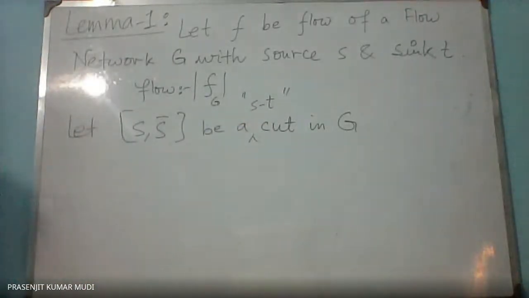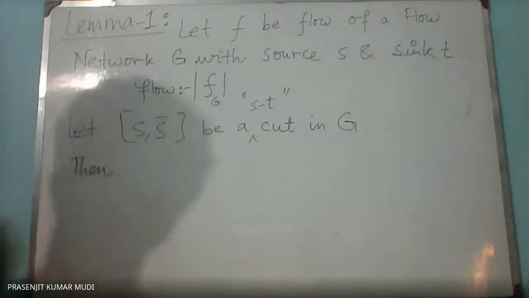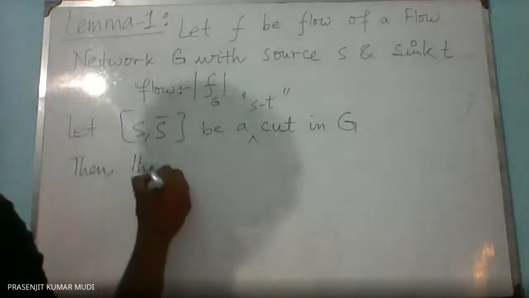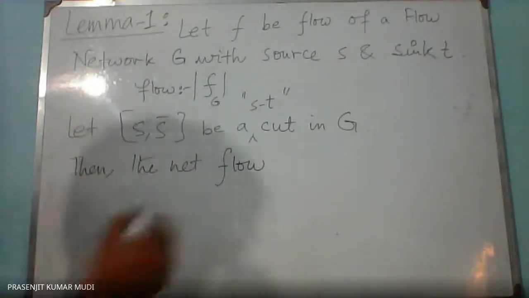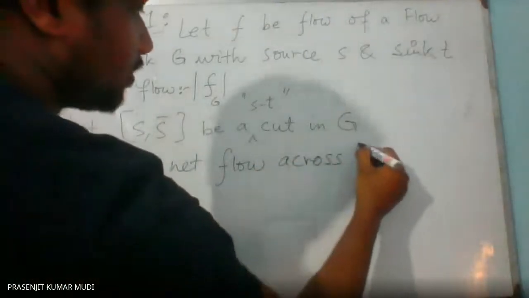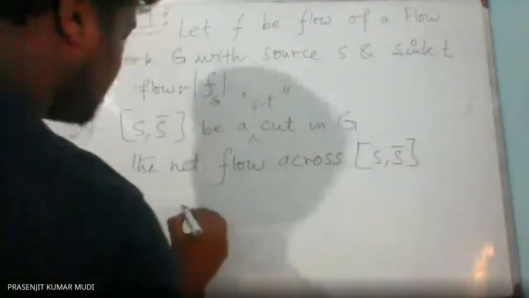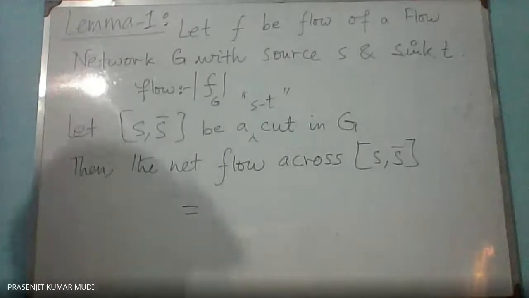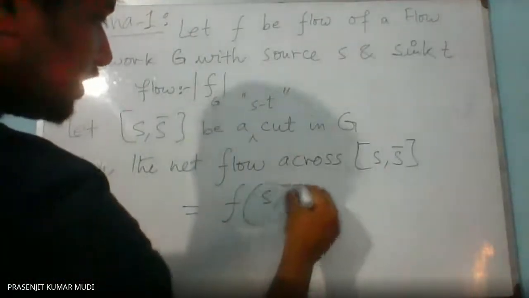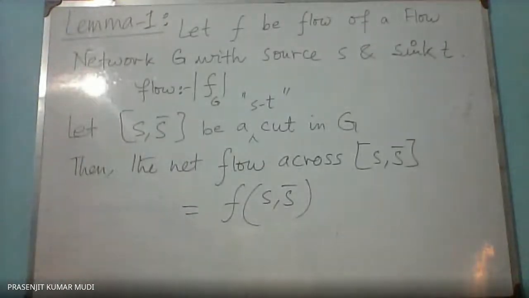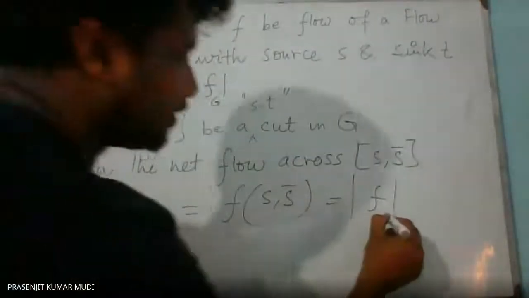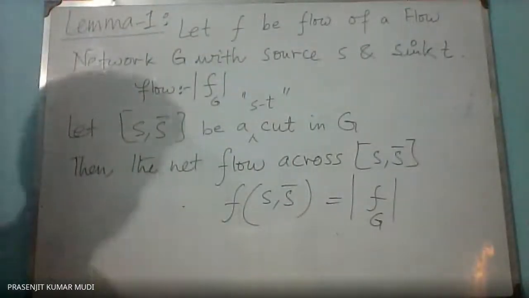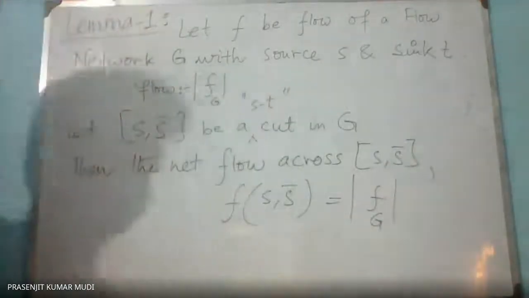So then the lemma says the net flow across S comma S bar, which is represented by F of S comma S bar, is equal to mod F of G. And this is the lemma.